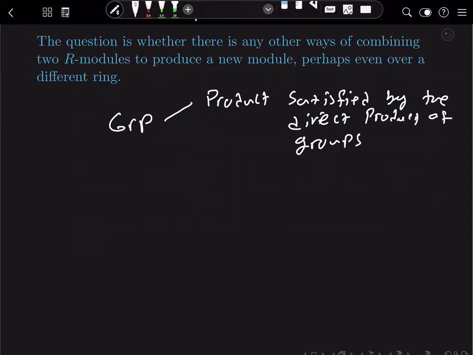So that's good. But there's also the coproduct construction. There's another one here, the coproduct. And in the category of groups, these are not the same, right? These are not equal. And that's good because now we have another way of combining groups. This is satisfied by the free product.